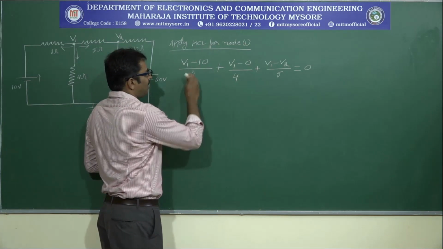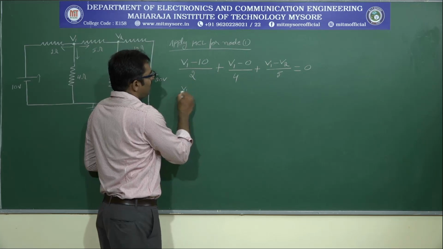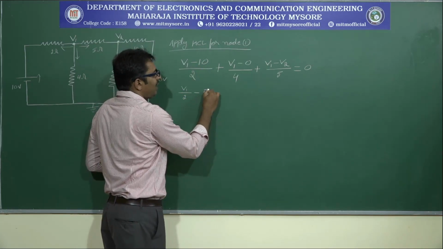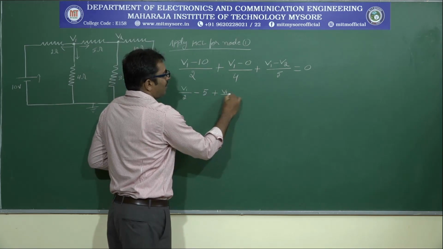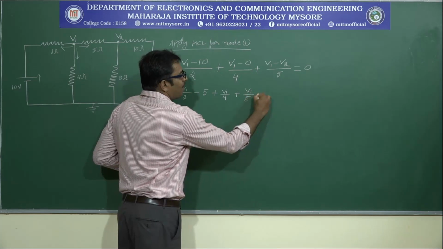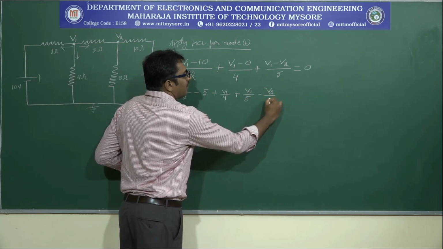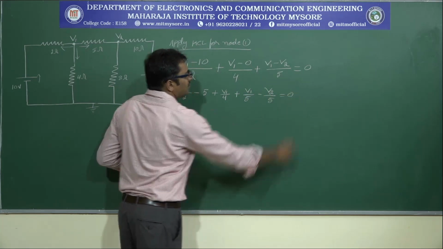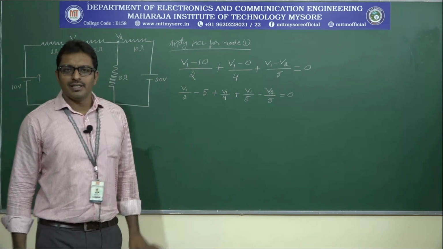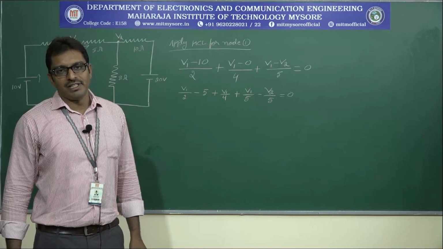First, just split this first part: V1 by 2 minus 10 by 2, 5, plus V1 by 4 plus V1 by 5 minus V2 divided by 5, that is equal to 0. I am just explaining how in a simple way we can simplify the applied equation.